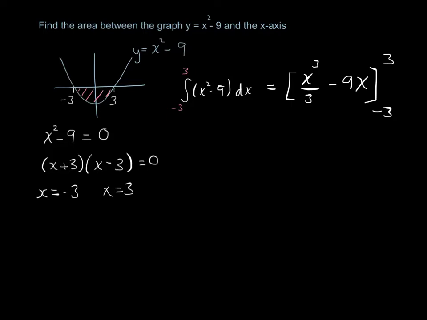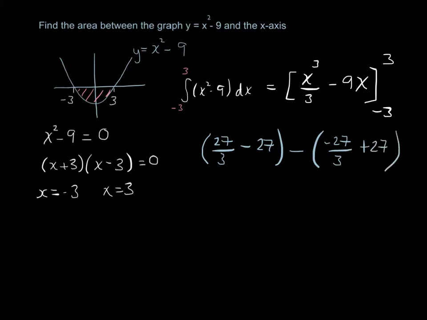Now we substitute in the top limit, and we will get 3 cubed, which is 27 over 3, minus 9 times 3, which is 27 again, minus what you get when you substitute the bottom limit. So minus 3 cubed over 3, minus 27 over 3, minus 9 times minus 3, which will give us plus 27.